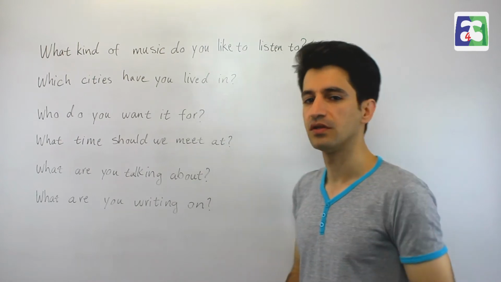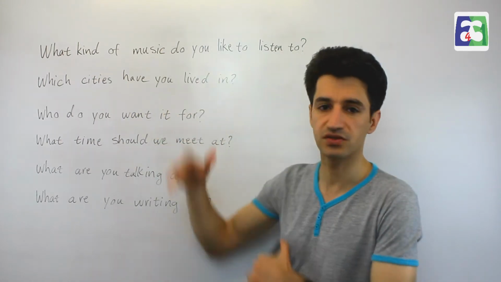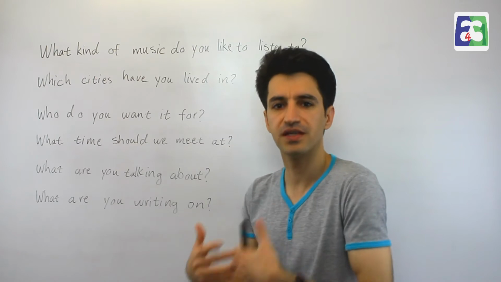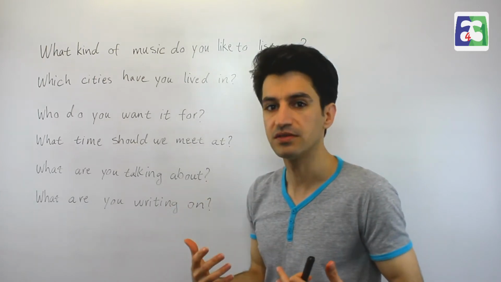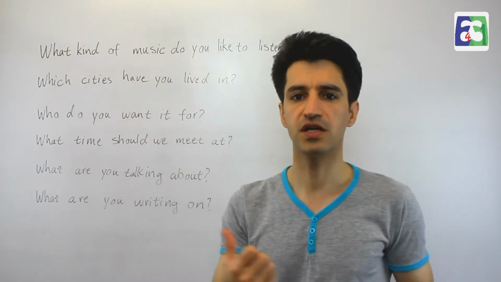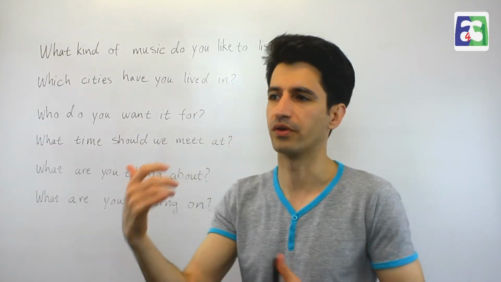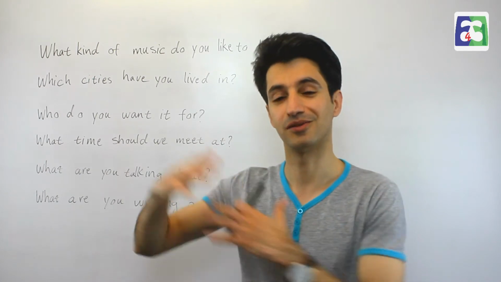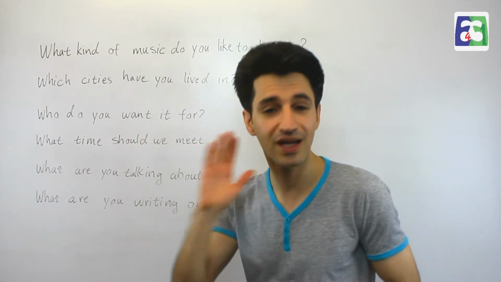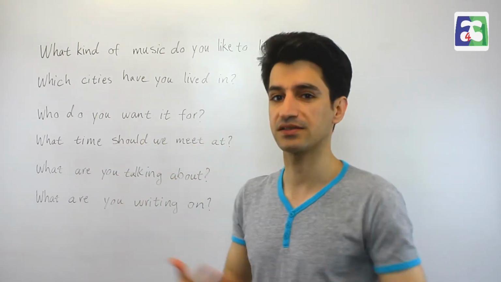Let's imagine that someone says something, a statement, and gives us some information, but we can't hear the person well. Maybe it's over the phone, or maybe we are in the kitchen and the person is talking in the living room, and I can't hear, so I ask the question again.